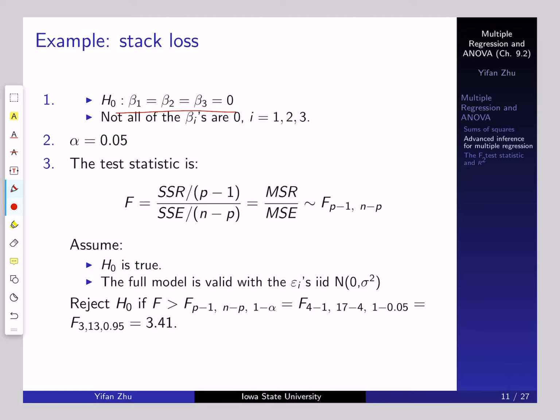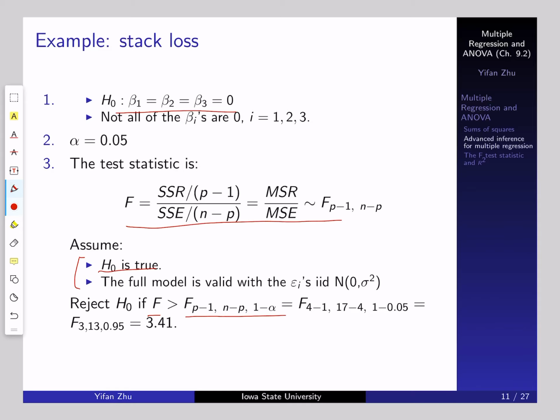And the test statistic is this. The assumptions are that H0 is true and the multiple regression model is true. We will reject H0 if F is greater than F with p minus 1 and n minus p, 1 minus alpha.